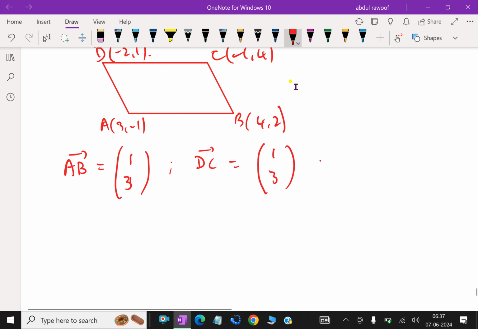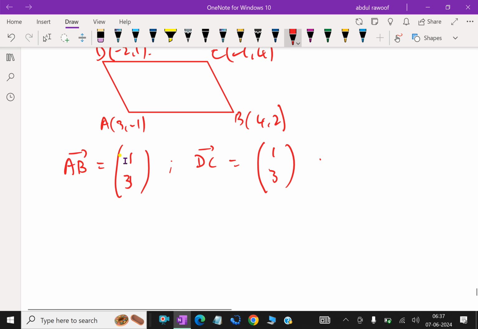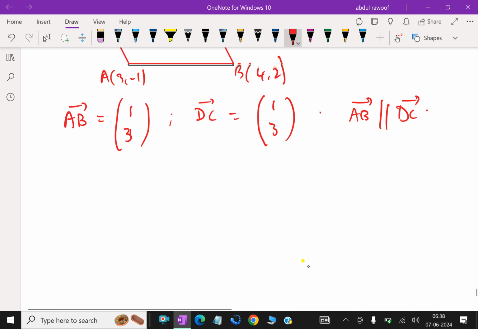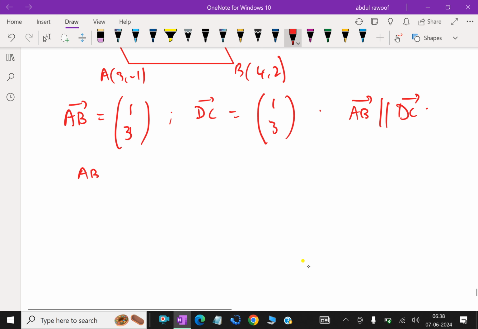So here vector AB is parallel to DC. As well, we have to find the magnitude of AB. Magnitude of AB is 1 square plus 3 square, equal to square root of 10.